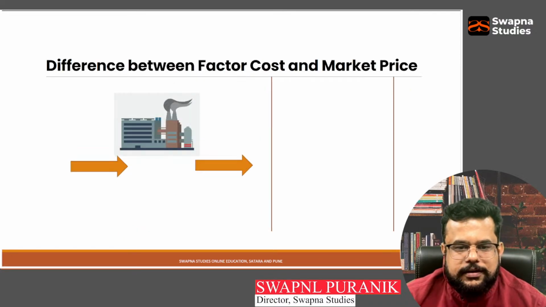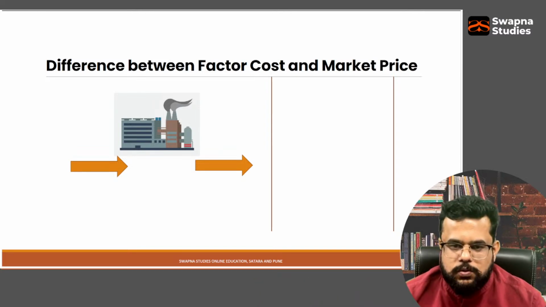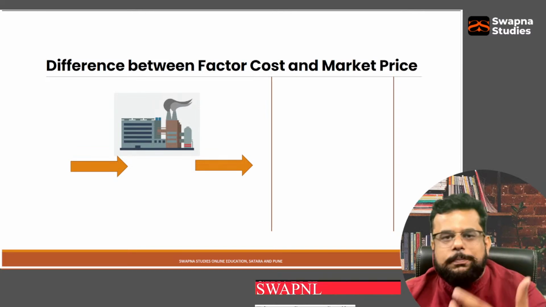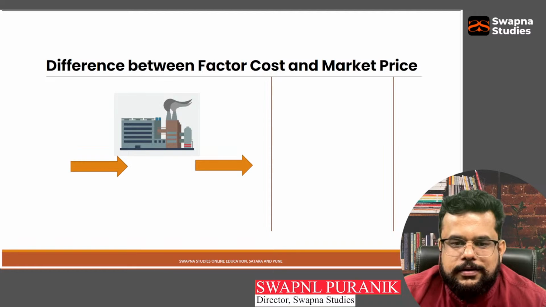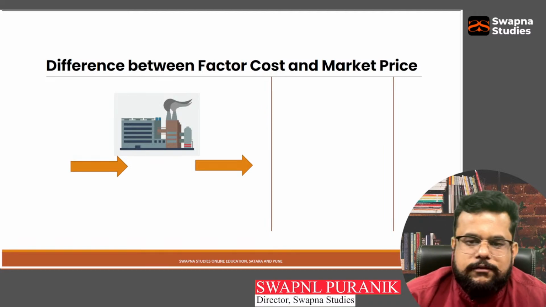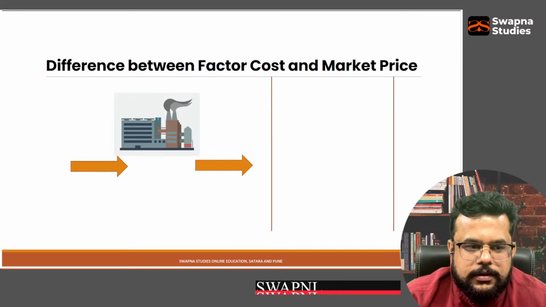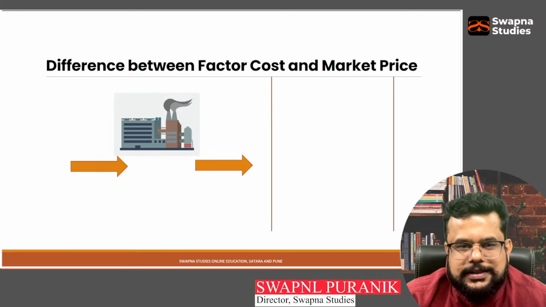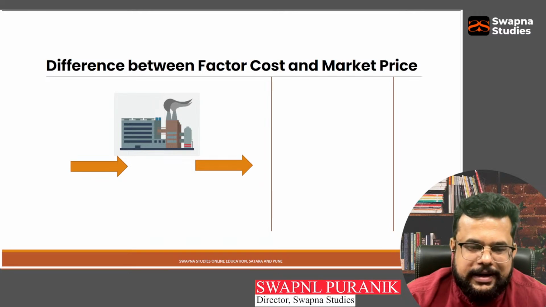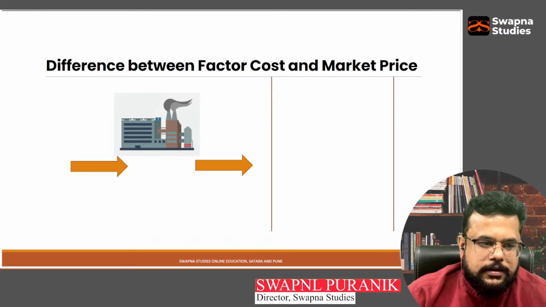Now in this session, we are going to learn some new concepts, some new subtopics. For example, we are going to learn factor cost and market price, and their difference.